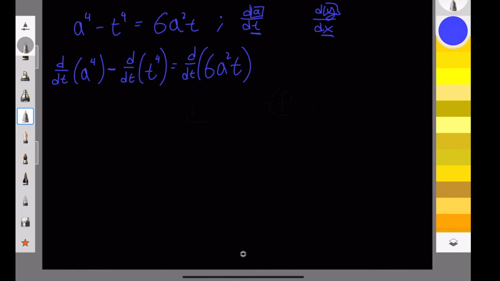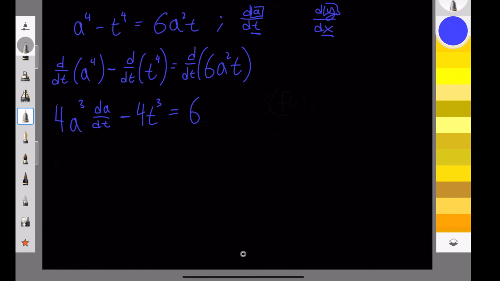All right, and now let's do our derivatives. 4a to the power of 3, and we need to add on that dA dt, because remember, a was our equivalent to y, right? And you would always add on that dy dx, okay? We're deriving with respect to t here for this next one, so we don't need to stick on that dt over dt, right? And then at the end, we're going to be doing some product rule. Very fun.